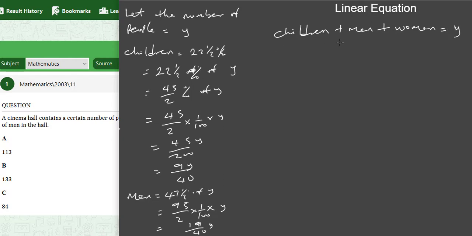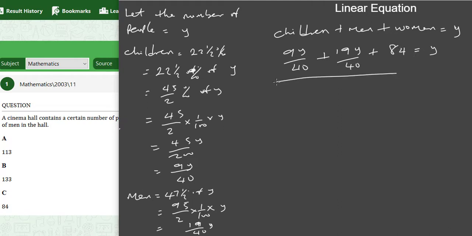So for the children we have 9y over 40, for men we have 19y over 40, then for the women we have 84, and everything is equal to y.